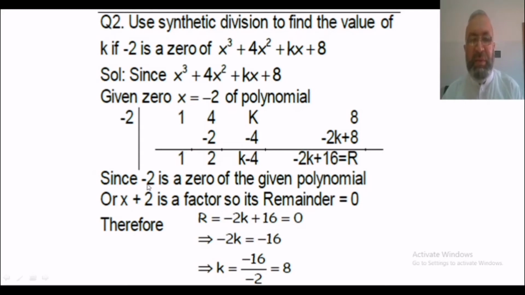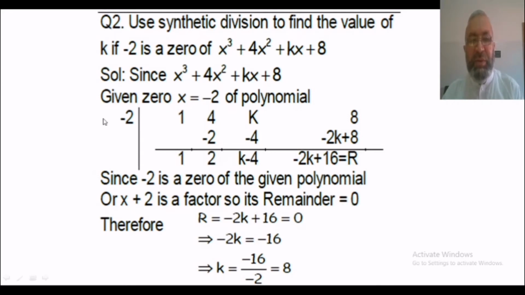Since −2 is a zero of the given polynomial, a root or solution of the given equation, the polynomial will be 0 at that value. That is, p(−2) = 0, or x + 2 is a factor, so its remainder is 0.